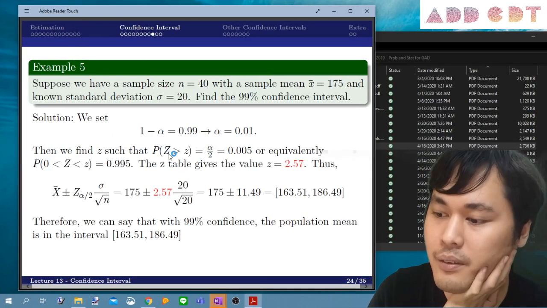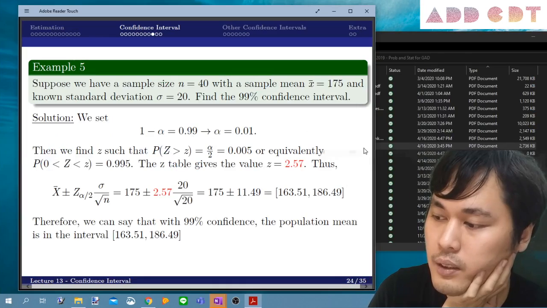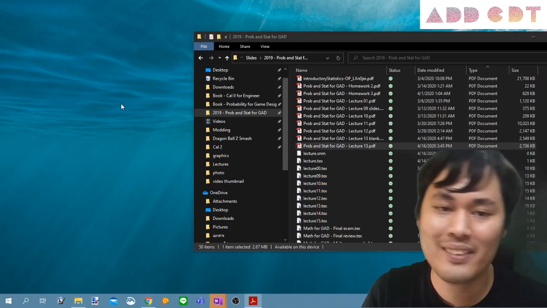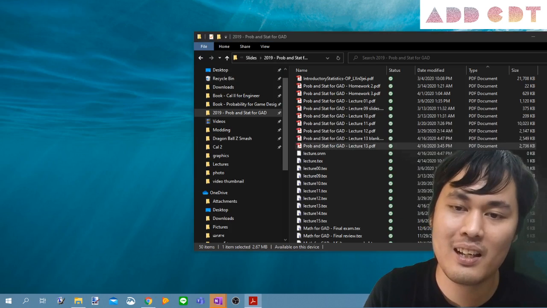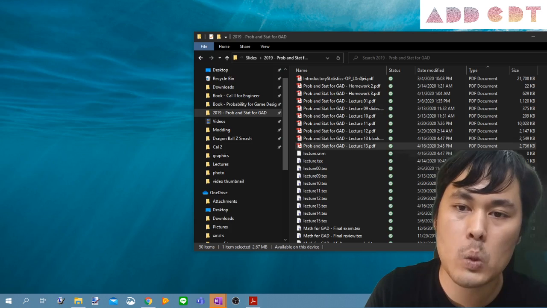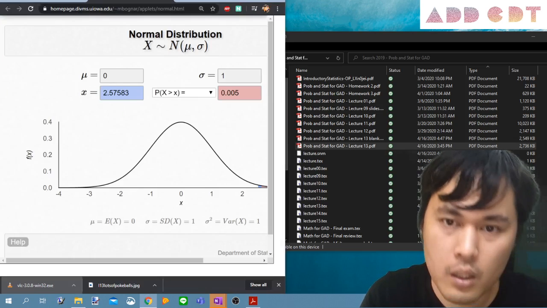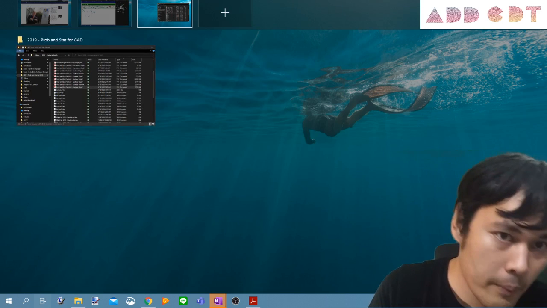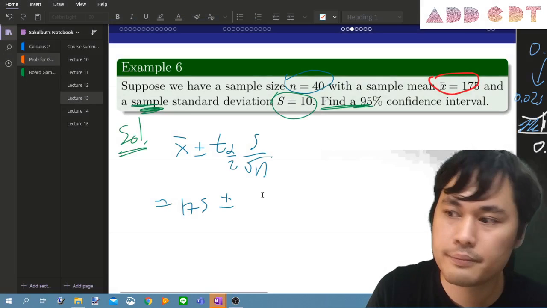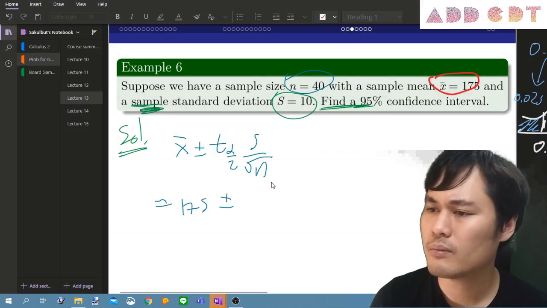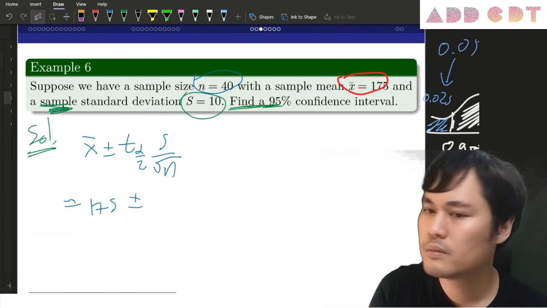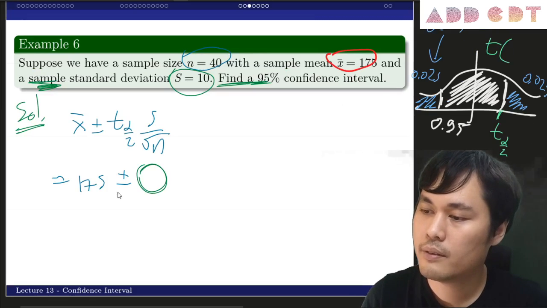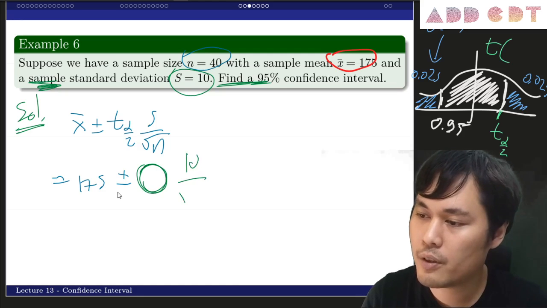Oh, it works. So we get some number, whatever it is, and you put it here. You have s is 10, n is 40.